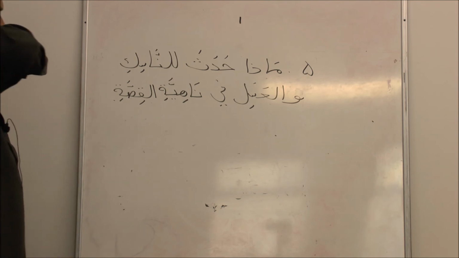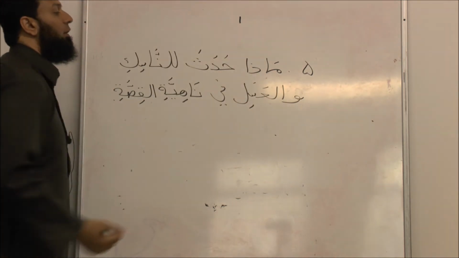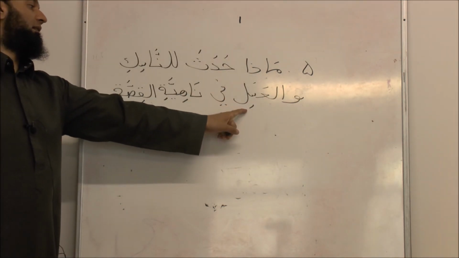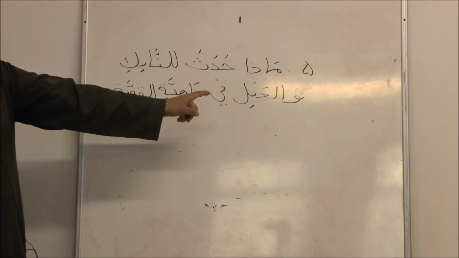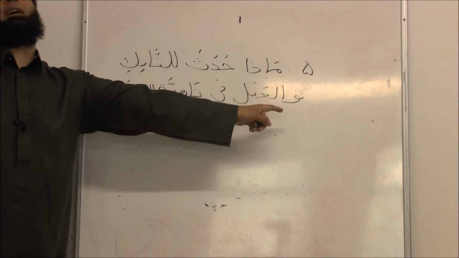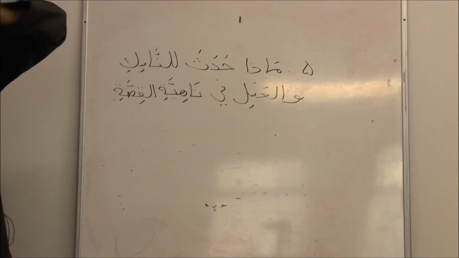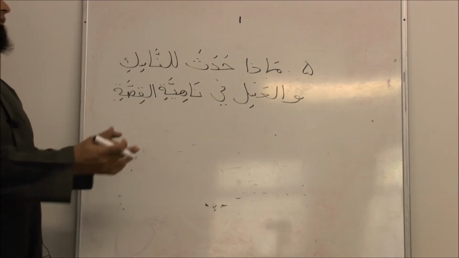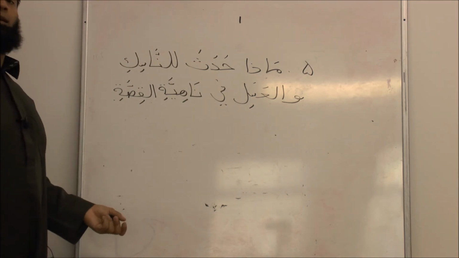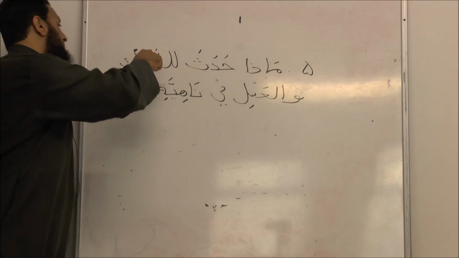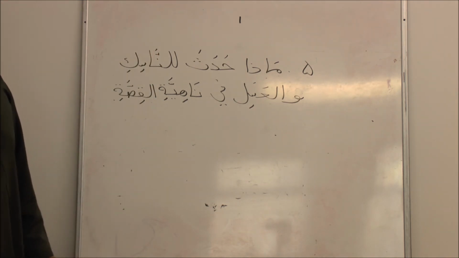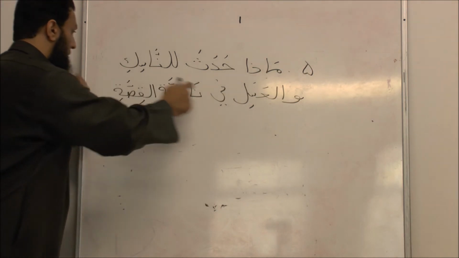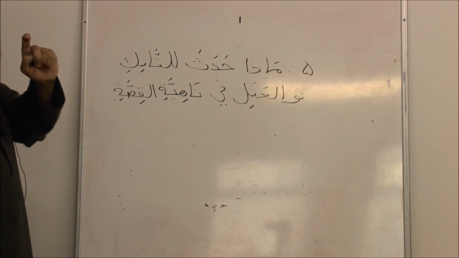And why do we say والأصلي? Why is that مجرور? Because that's waw al-ataf. It means the waw that connects to the previous word in state. So because this is majrurun, this is also majrurun.